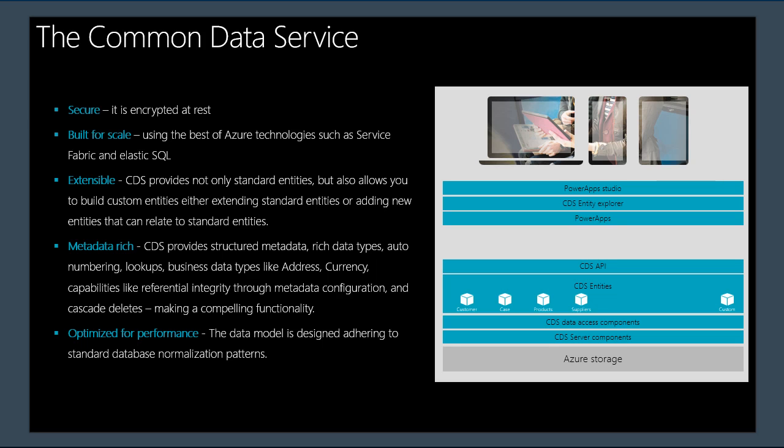We're very focused on performance as well, so we've had quite a few people do performance tests even on our preview environments, and we've had good feedback. So very focused on performance, making sure it's extensible, built for scale, and secure.